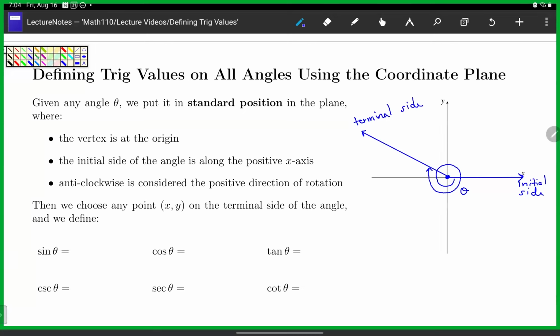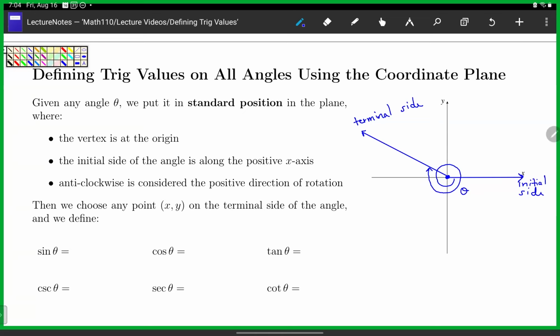Now, given that theta, we put it in standard position. So this is an angle that's going to be negative and bigger in absolute value than 2 pi, bigger in absolute value than even 3 pi, because a half turn is pi and a full turn is 2 pi, and I've gone more than 3 half turns, so that's more than 3 pi in the negative direction.